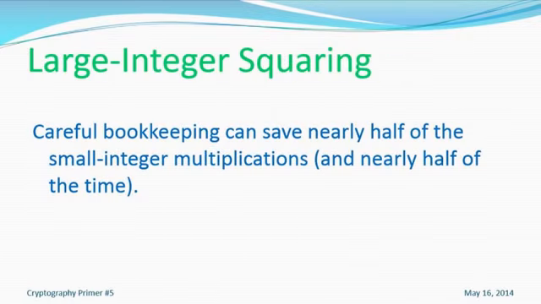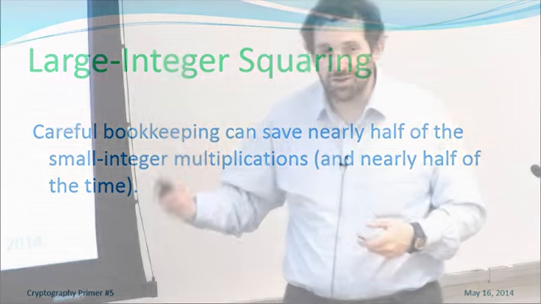So what this says, and I won't bother putting you through this, you could do it on your own, but if you do careful bookkeeping here, nearly half of the small integer multiplications can be eliminated. They're repeats, and you can save a lot of the time because you're doing a lot of these small multiplications whenever you do a large exponentiation, say.